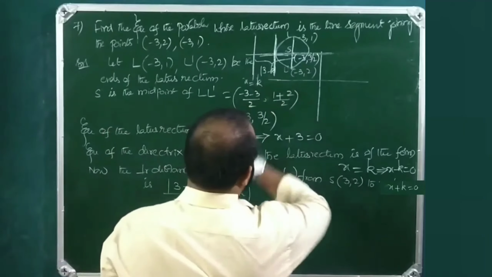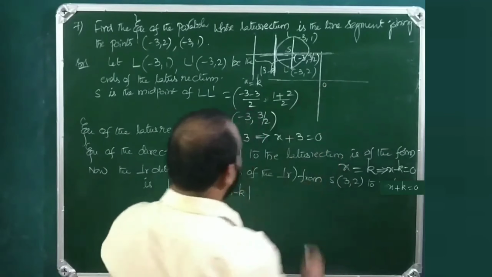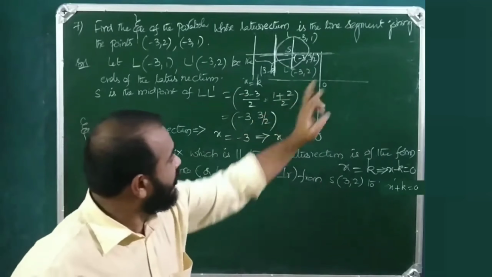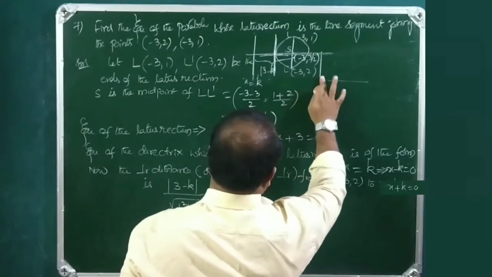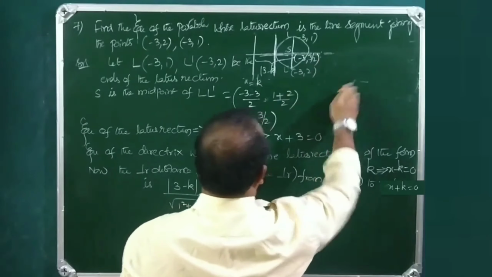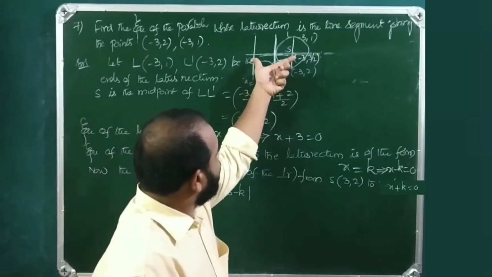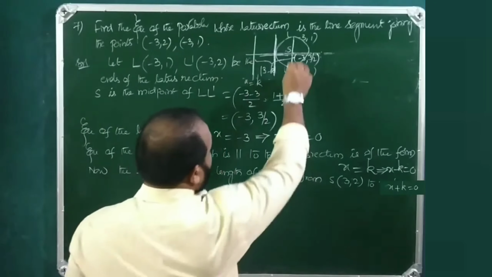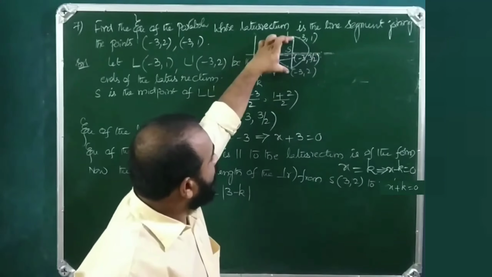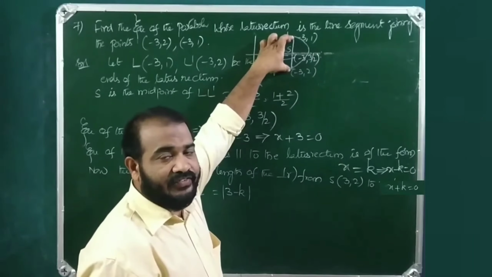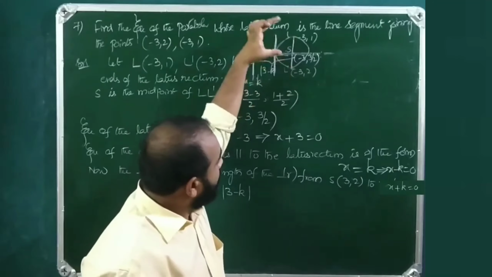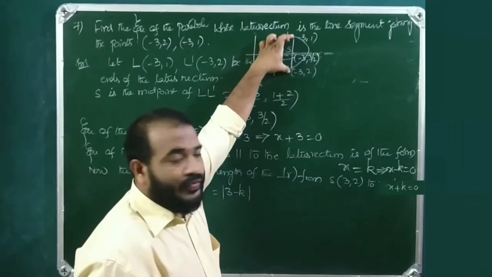The shifting of origin has taken place, that is why I have dropped the x-axis like this. Now, what is SL? The total length LL' is 4A, the length of the latus rectum.